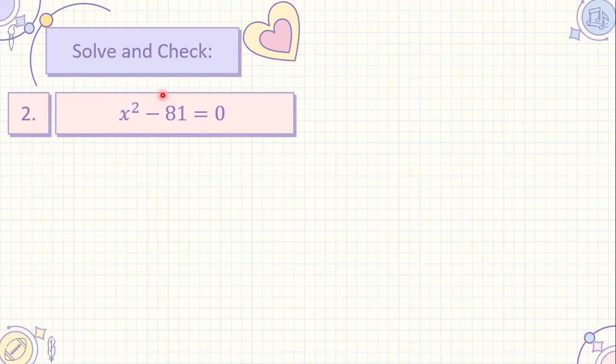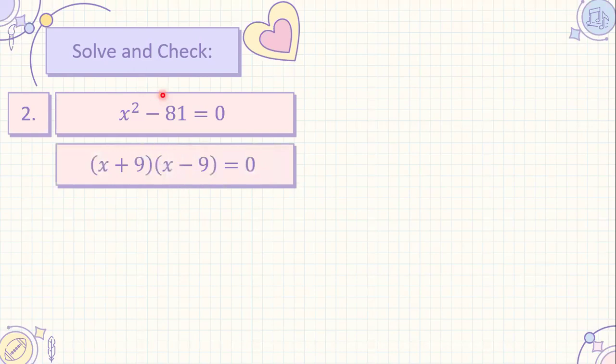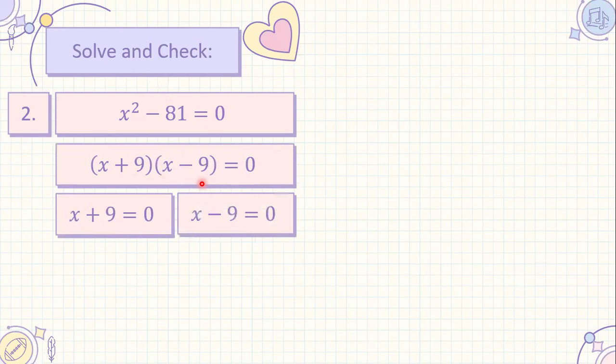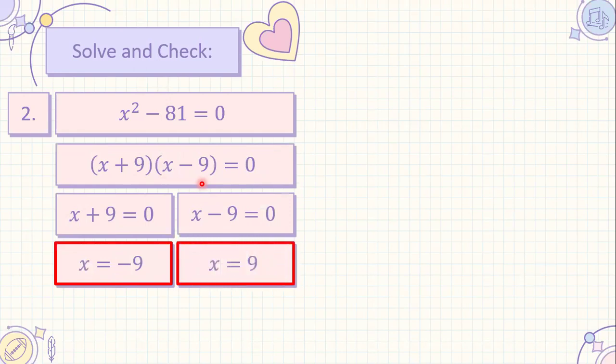We have x, and one positive 9, one negative 9. Therefore, we have x plus 9, x minus 9. Then equate that to 0. So we have x plus 9 is equal to 0. We also have x minus 9 is equal to 0. So finding the values of x, we have x is negative 9 and x is positive 9.